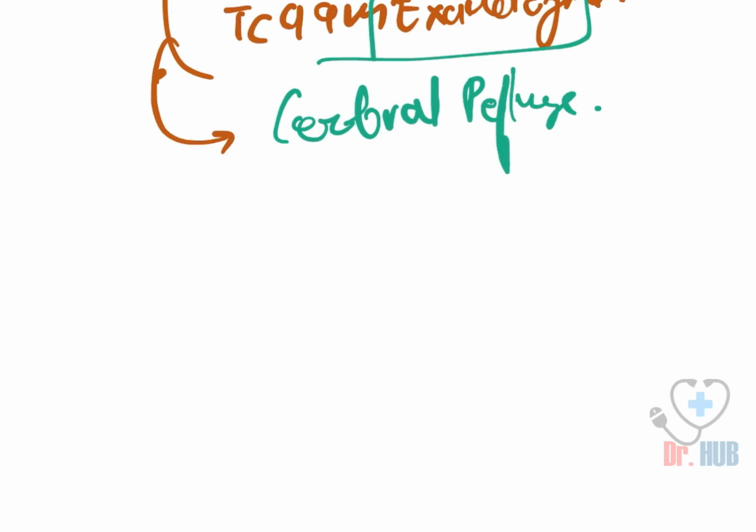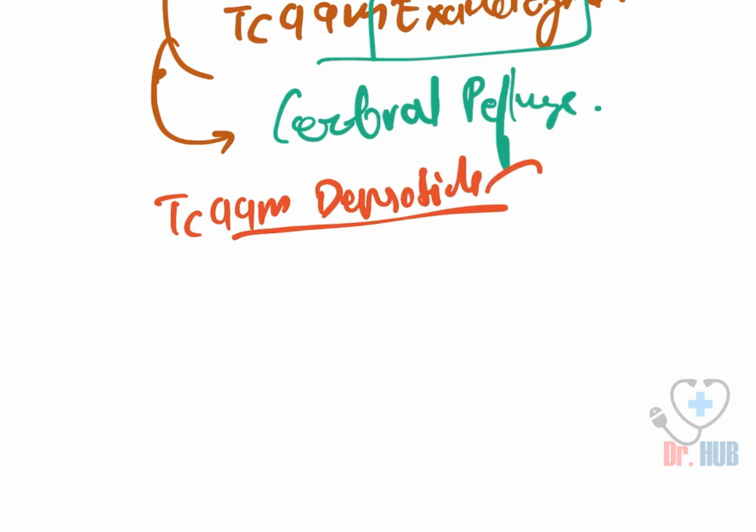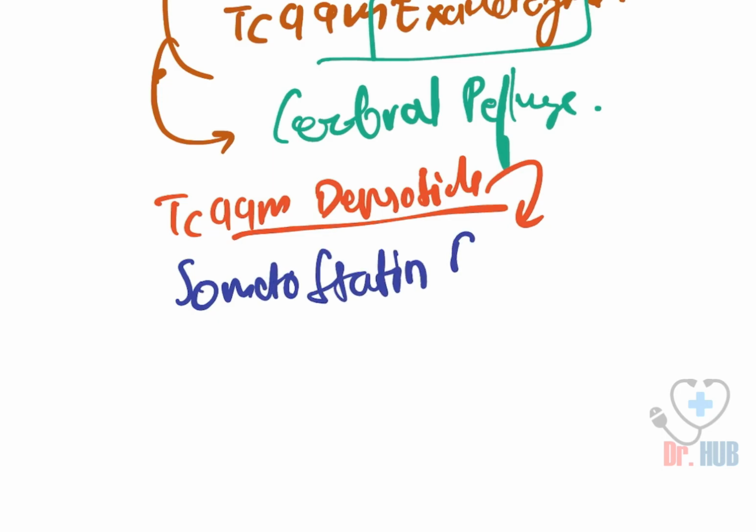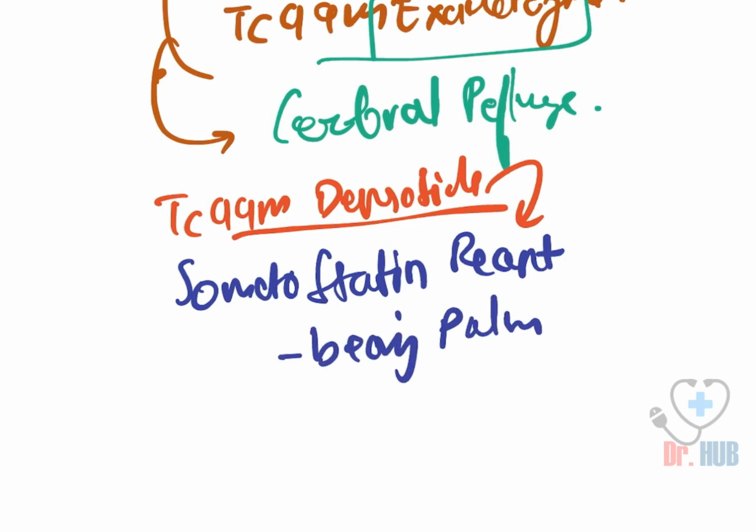Next, we move on to the TC99M depreotide. So depreotide, where is it used? It is used for the somatostatin receptor, and also for the imaging of pulmonary masses.